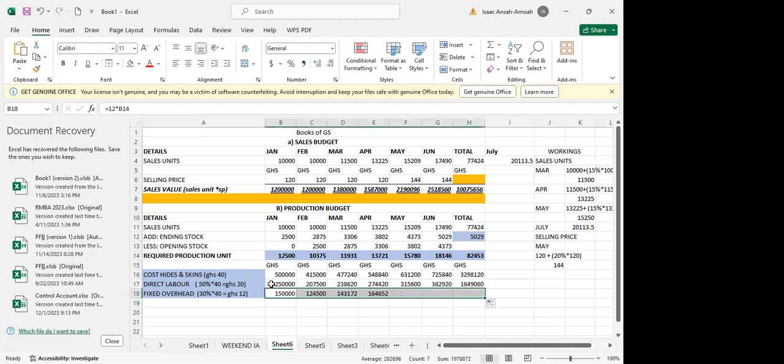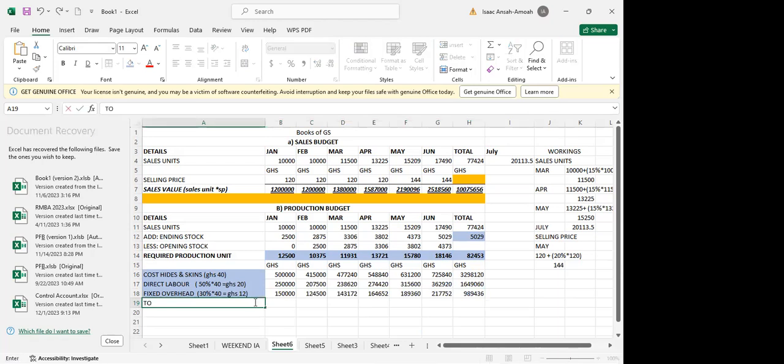Okay, from there, we may have to add all the three elements. So when we add them, we're going to get what we refer to as total cost of production.